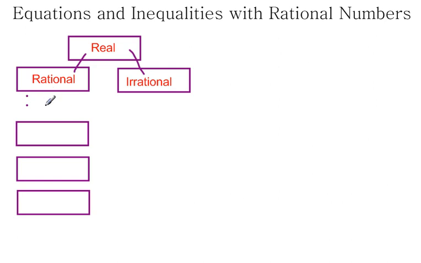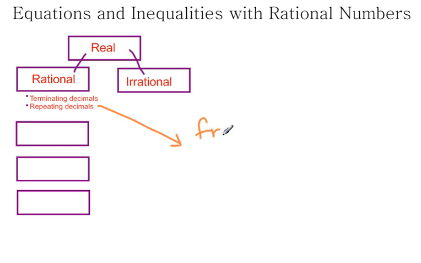Underneath rational, before we got down to integers, whole numbers, and natural numbers, there were two types of specific numbers that we called rational, and they were terminating decimals and repeating decimals. Now, the other thing we learned at the beginning of the year were fractions, decimals, and percents that were equivalent, and we learned that terminating decimals are decimals that end, and they can be written as fractions.